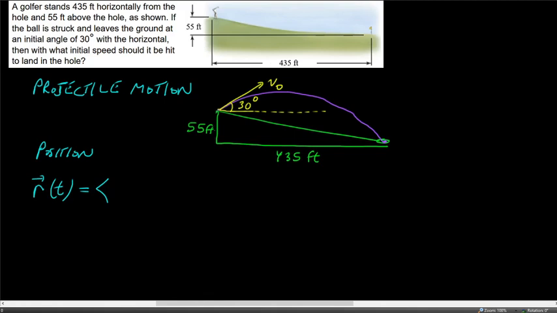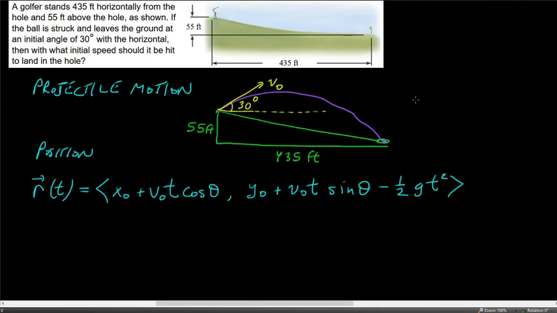Okay, so the x component is just x0 plus v0t times cosine of theta. And then the y component will be y0 plus v0t times the sine of theta minus 1/2 gt squared.